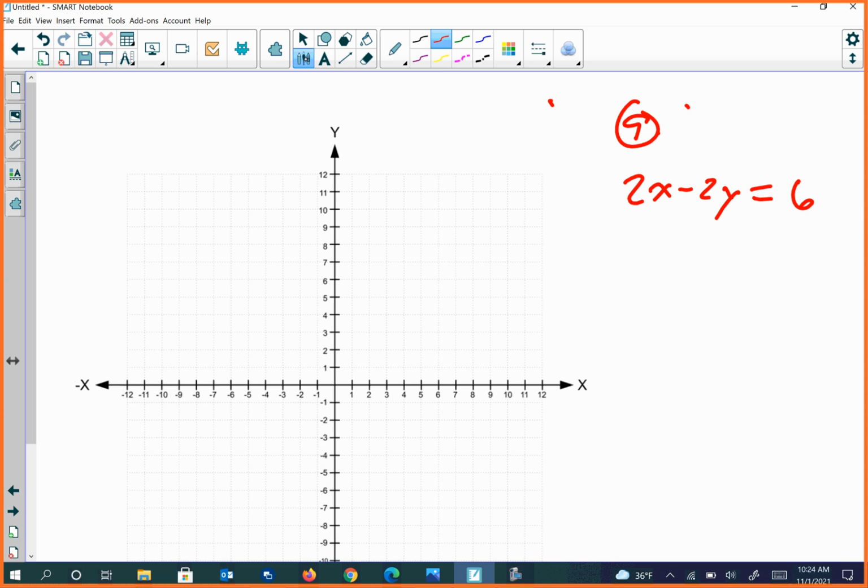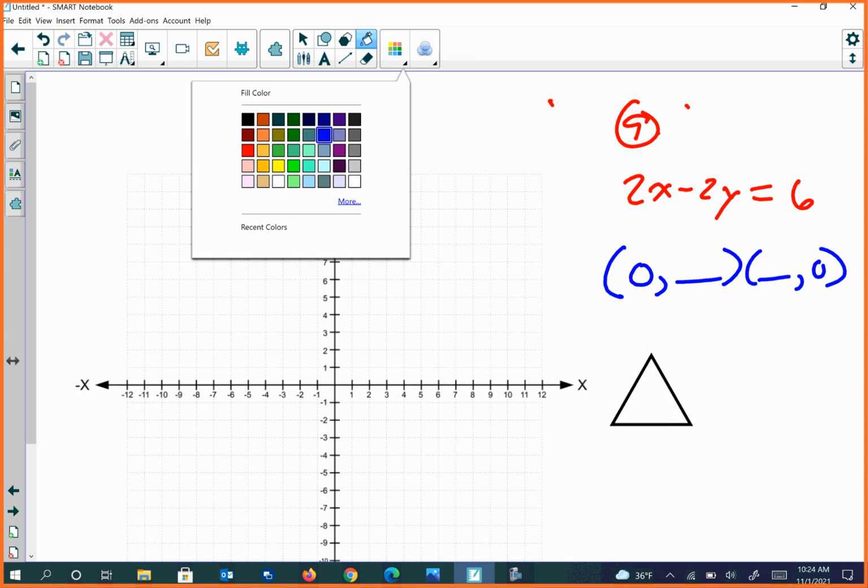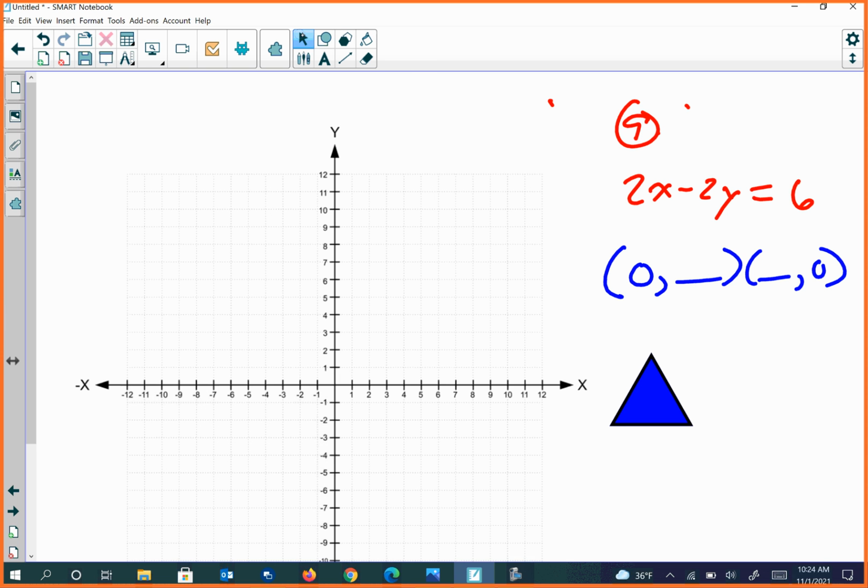All right, question 1. Are X and Y on the same side? Yes. So being X and Y on the same side, I'm going to go 0, blank, blank, 0. Okay, so this is going to be a cover method. All right, so is that 0 an X or a Y?